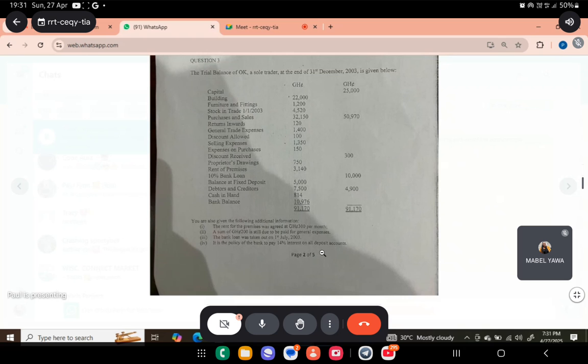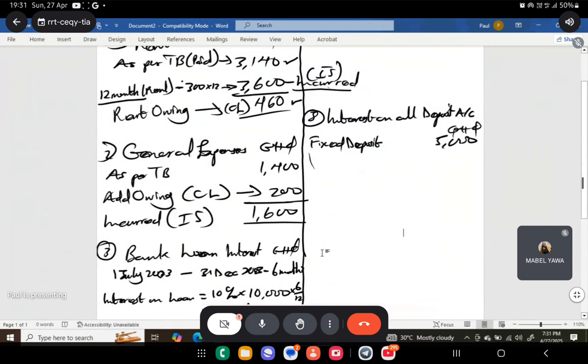So since there was no time, interest on fixed deposit becomes 14% of the 5,000, and 14% of the 5,000 comes with 700.